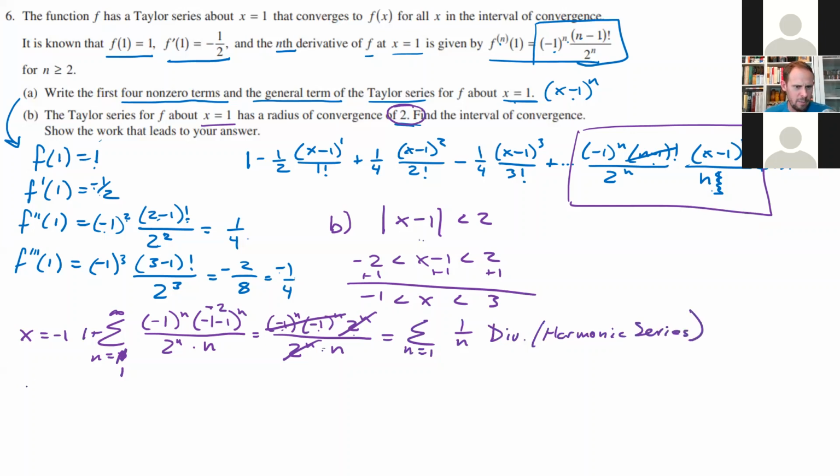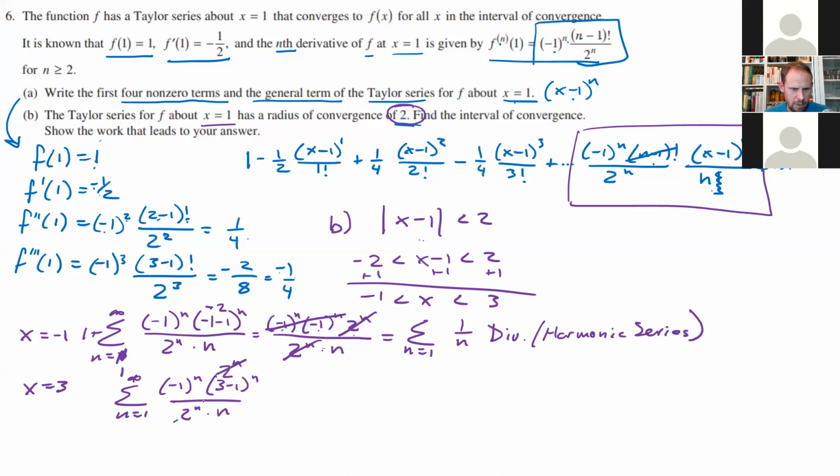All right, for the other endpoint, x equals 3, we've got negative 1 to the n, 3 minus 1 to the n, 2 to the n, and an n down there. All right, so this is going to be 2 to the n.